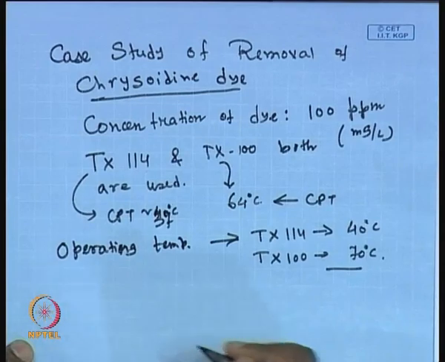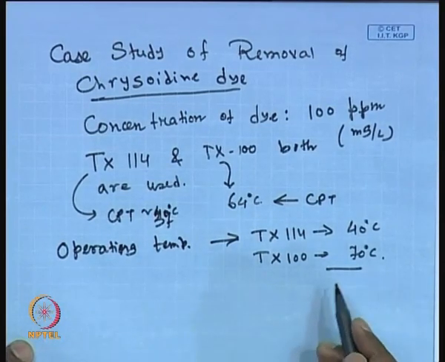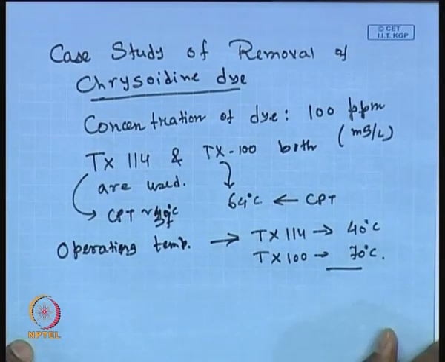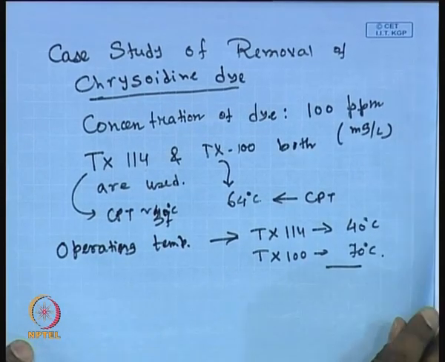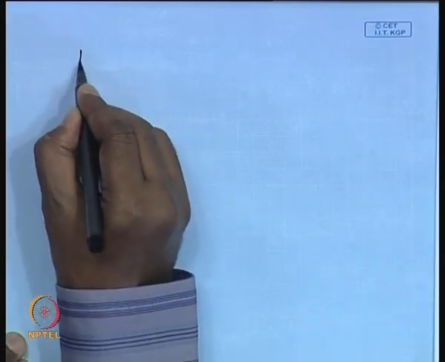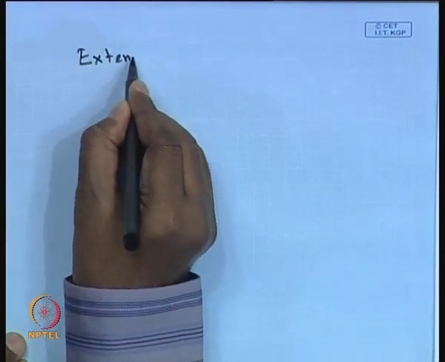Now, the temperature obviously is lower for TX 114, but on the other hand, as I mentioned earlier, it will be costlier. Now, we can define the extraction of dye. The separation must be quantified, right? How much separation has been achieved, that must be quantified. So, it is known as the extent of extraction.